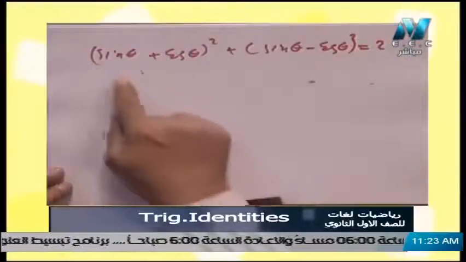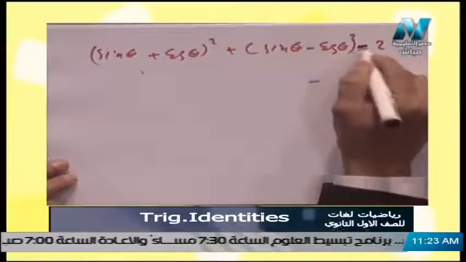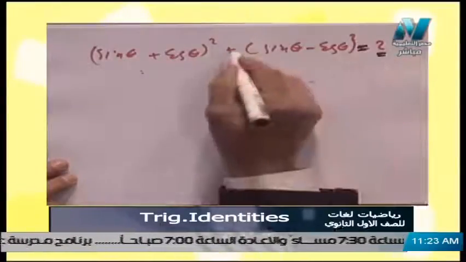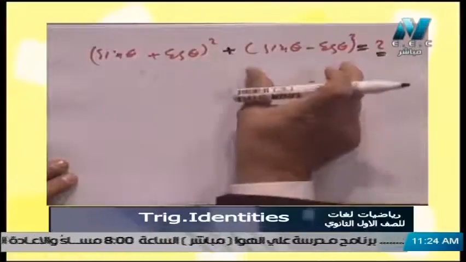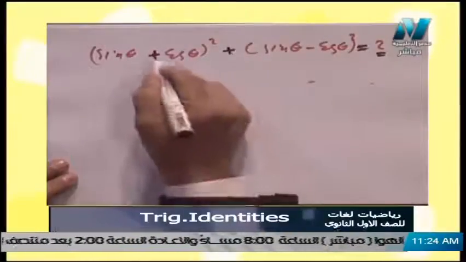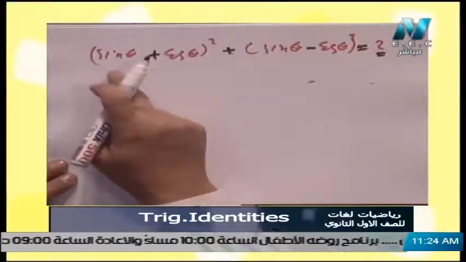The left hand side here is very big, my dear students. The right hand side is small, it is equal to 2, and we have two brackets here. We must expand them, but carefully, because we have a binomial.